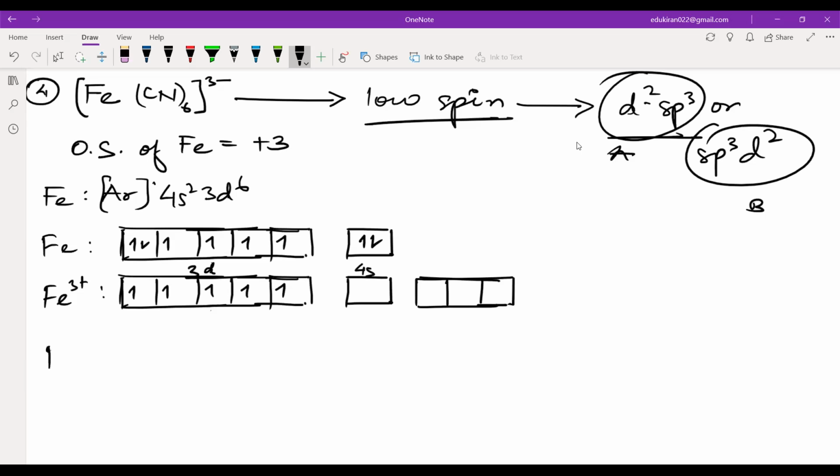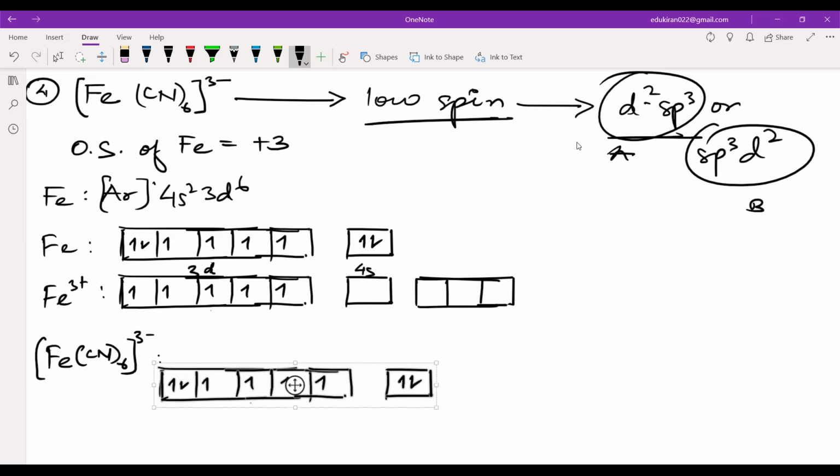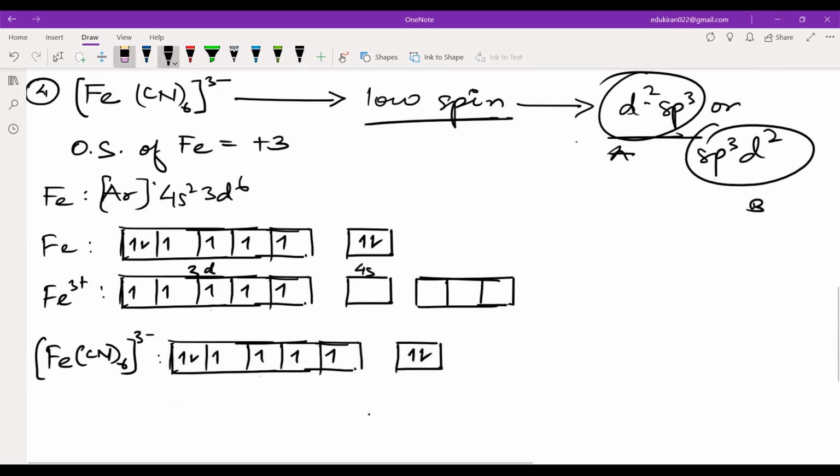So here we will write, for now, the complex we will make, for the complex Fe(CN)6 3 negative. The diagram will look something like this. I will remove these electrons like this. So pairing will happen like this because there are 5 electrons, right?